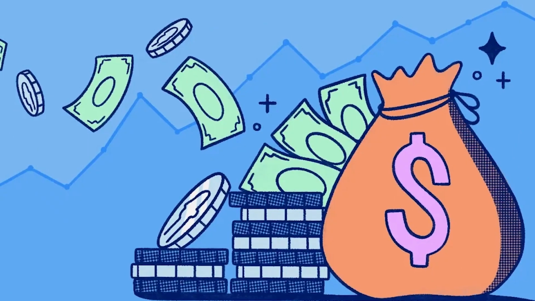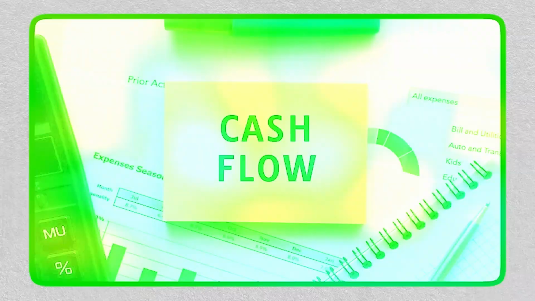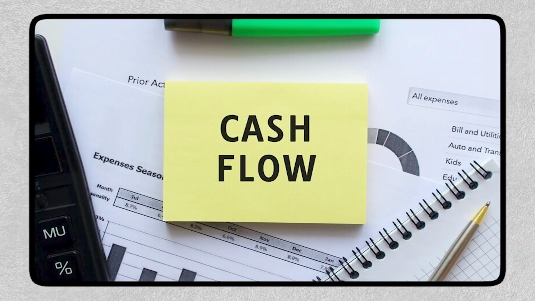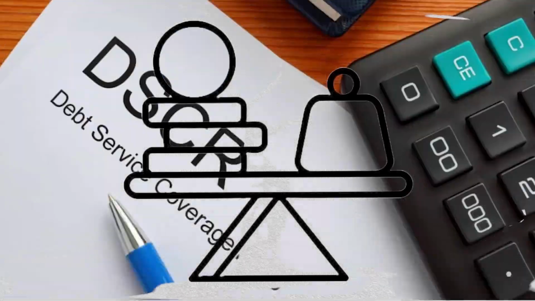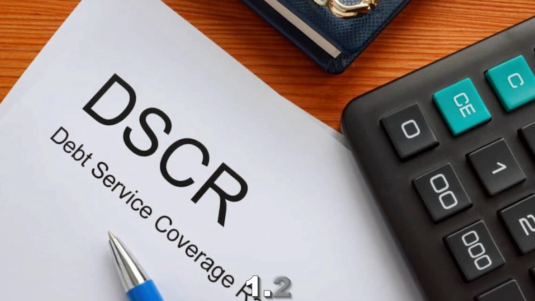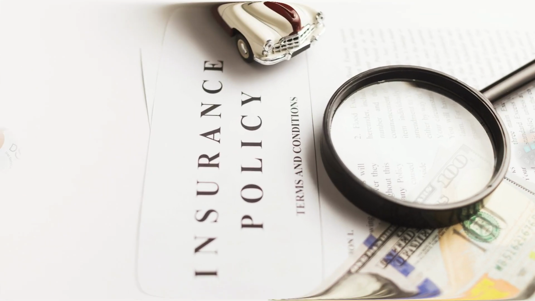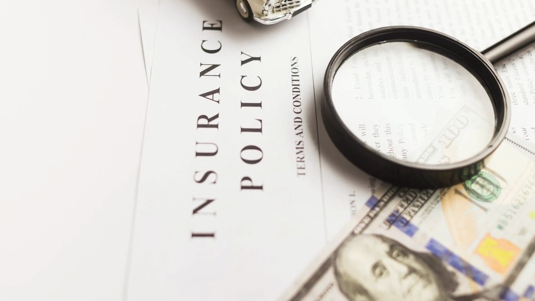Cash flow. To get the net cash flow, deduct expenses from income. To pay costs and turn a profit, there must be a positive cash flow. A crucial indicator that makes sure the property can produce enough revenue to pay off debt is the debt service coverage ratio, or DSCR. The DSCR should ideally be higher than 1.2, meaning that income should easily cover expenses.